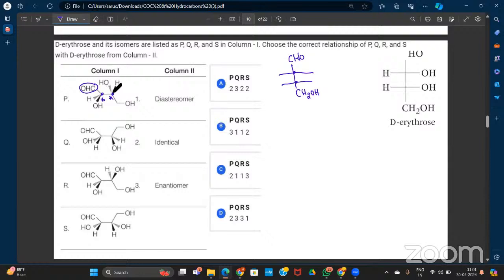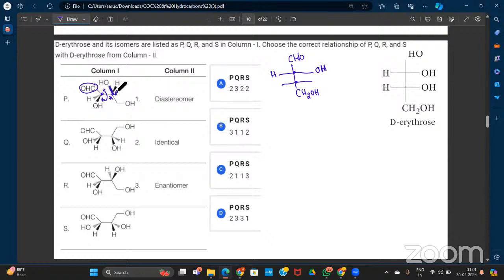So now what would be the configuration? I have hydrogen and OH, and you can see that this bond is tilted. When you bring it to the same side, it will have a wedge bond and a dash bond.